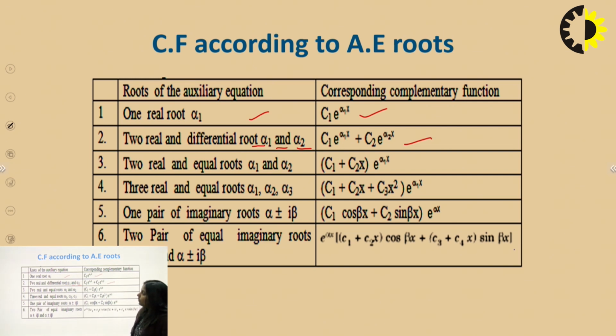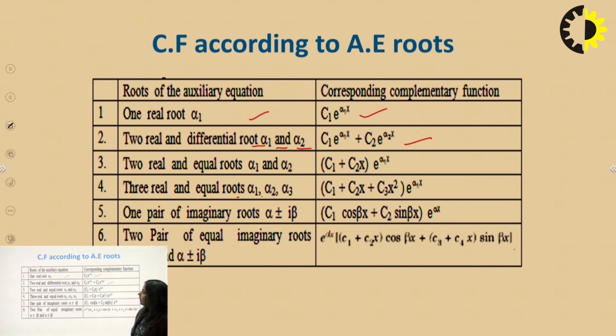And now if two real and equal roots alpha 1 is equal to alpha 2, then the complementary function will be (c1 plus c2x) e power alpha 1x, and if three real and equal roots alpha 1 is equal to alpha 2 is equal to alpha 3, then the complementary function will be (c1 plus c2x plus c3x square) e power alpha 1x.